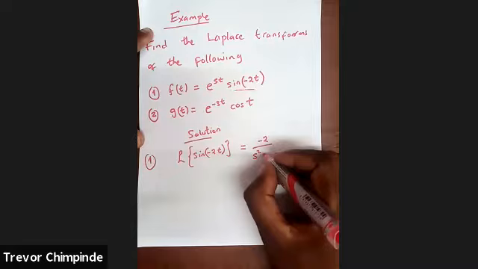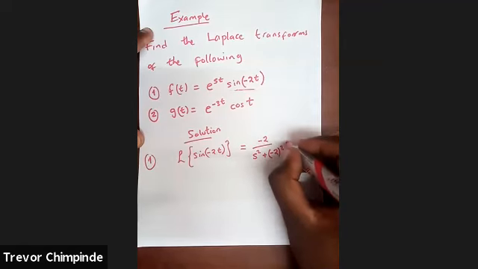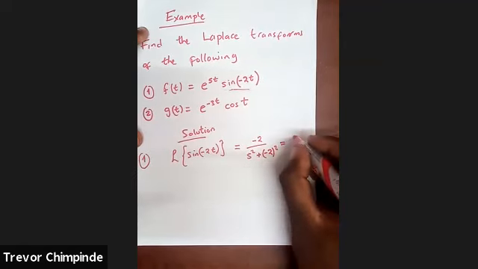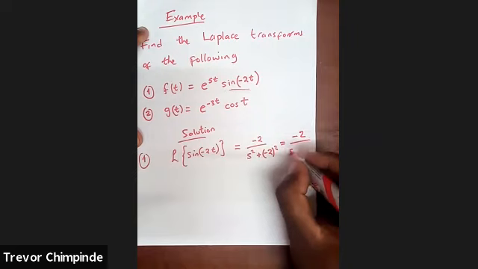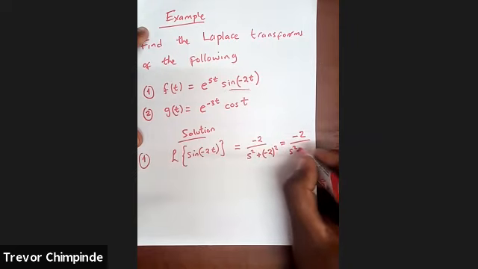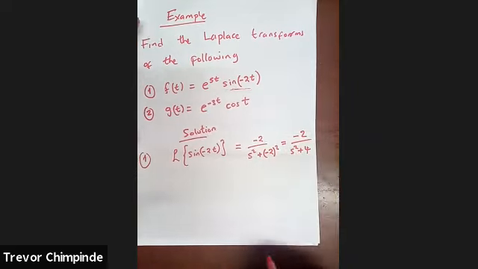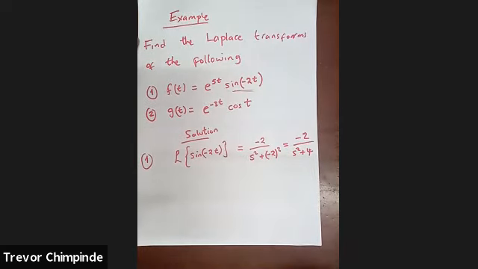It's 2 over s squared minus a squared, which is s squared plus minus 2 squared like this. So this just becomes 4. So it's minus 2 over s squared plus 4. So this is the transform.